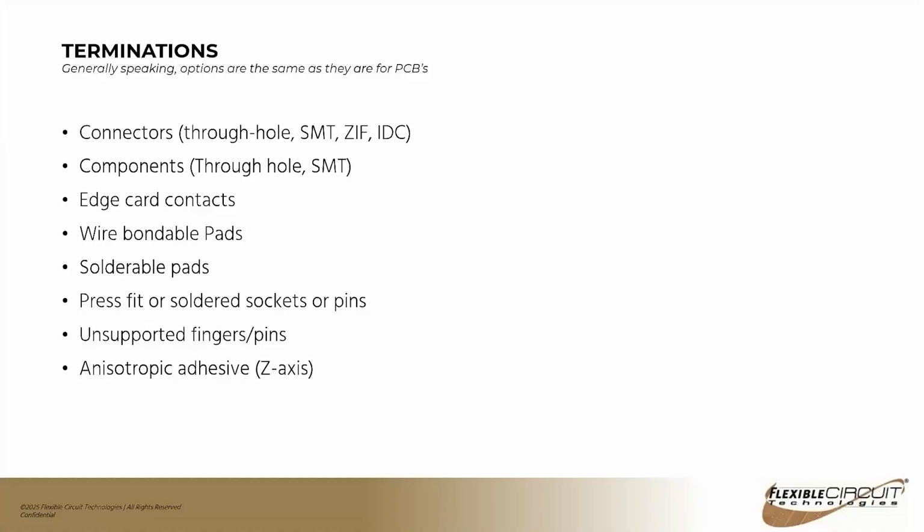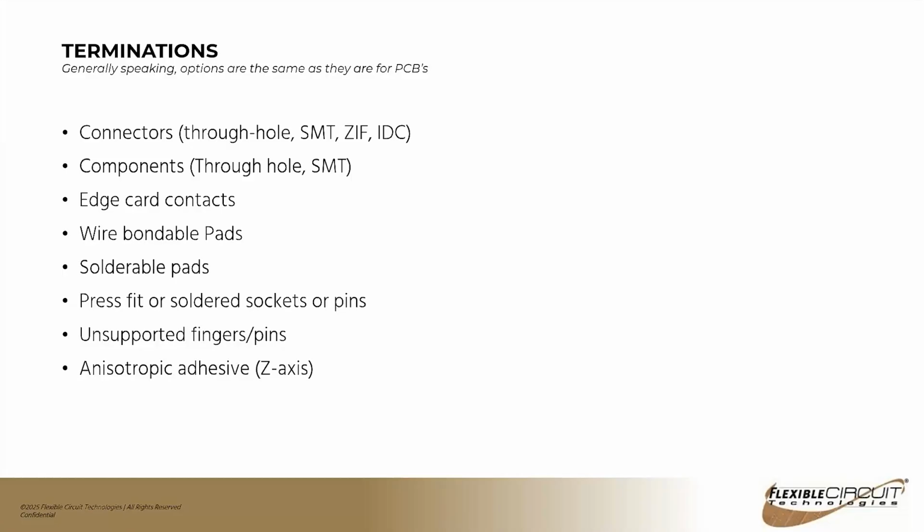So generally speaking, any termination method that you're going to use on a rigid PCB could be used on a flexible circuit as well. So this would include the most common ones are connectors, both through-hole, surface mount, ZIF connectors, and insulation displacement connectors. Components, both through-hole and surface mount.